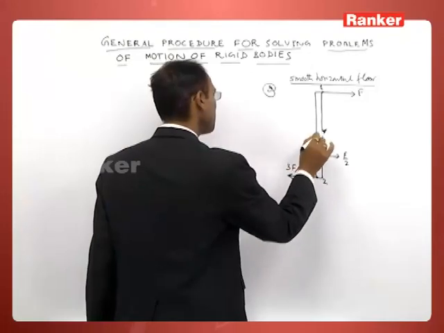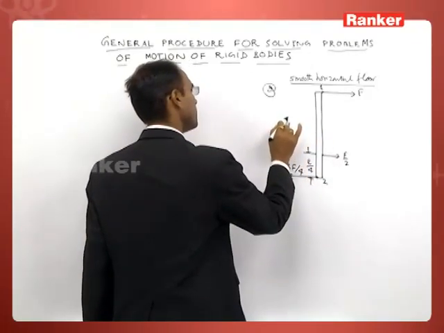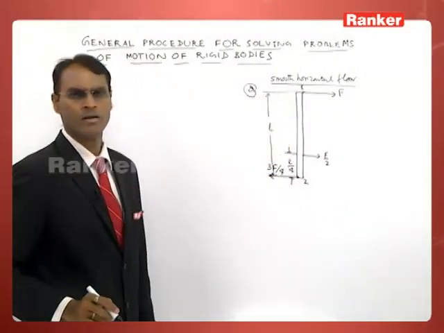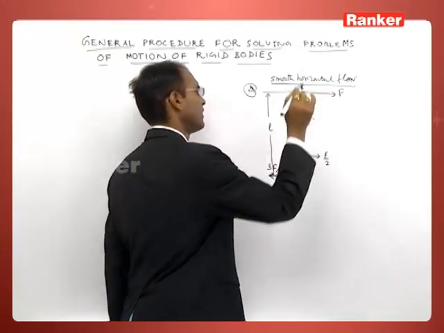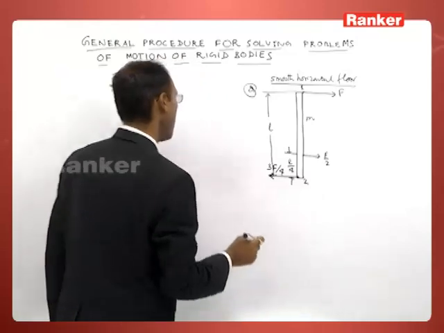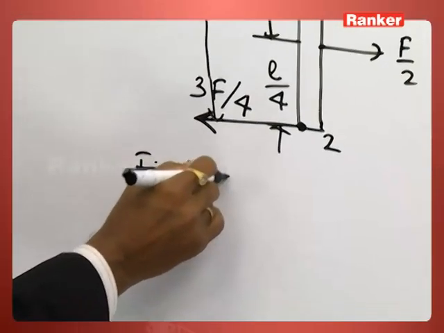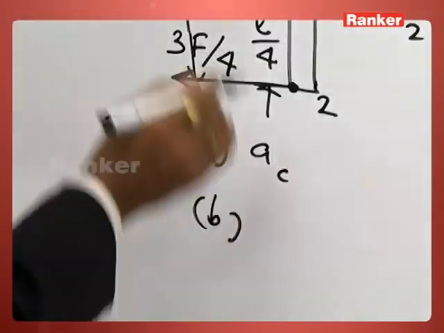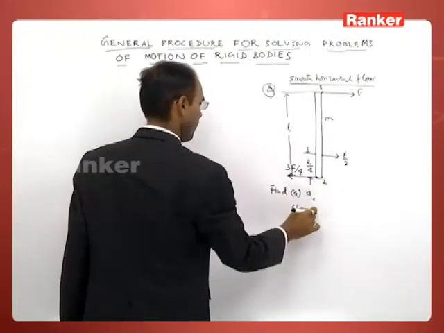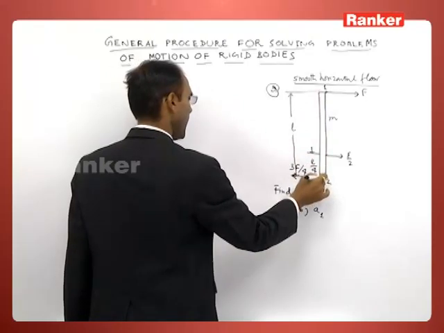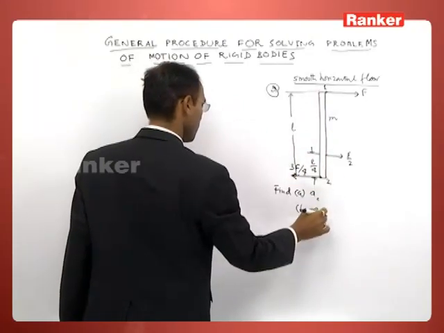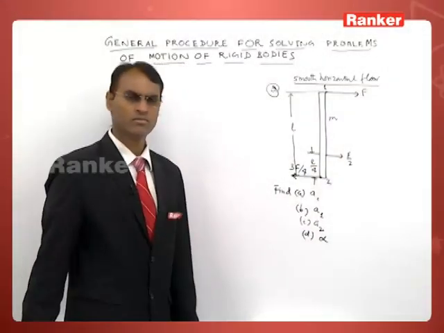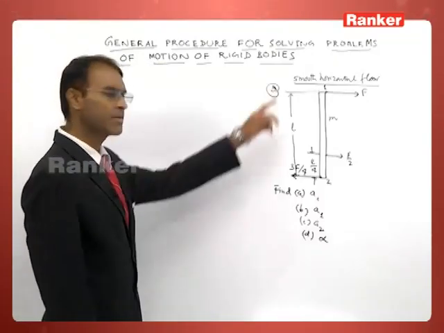If the length of the rod is L, and the mass of the rod is M, find the acceleration of the center of mass of the rod, the acceleration of point 1 at this end, the acceleration of point 2 at the other end of the rod, and the angular acceleration of the rod at the given instant.